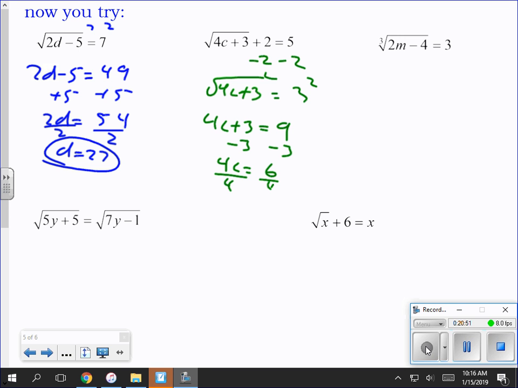Divide by 4. C equals 3 halves. Plug that in. 4 times 3 halves is 6. 6 plus 3 is 9. Square root of 9 is 3. And 3 plus 2 is 5. That one works.